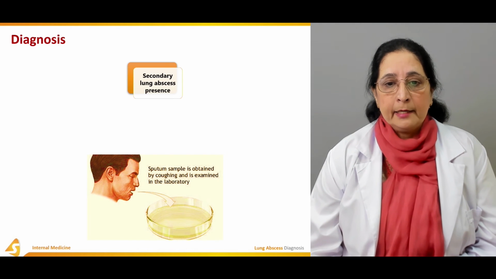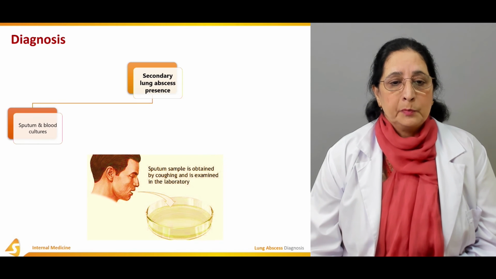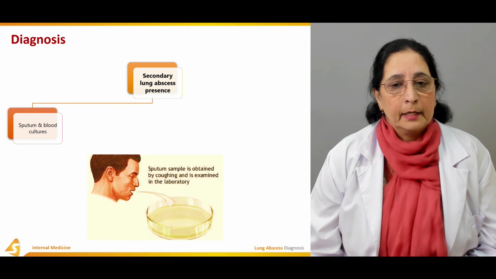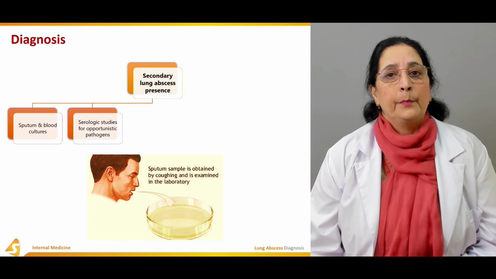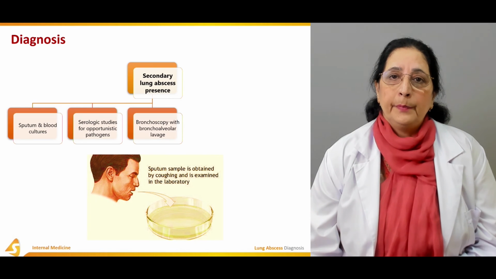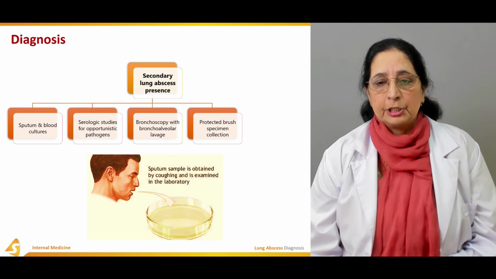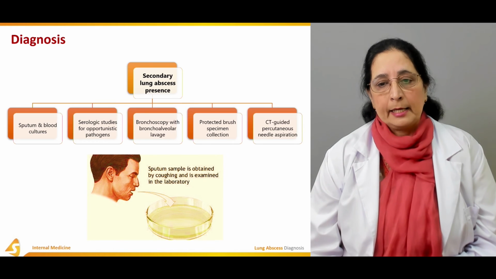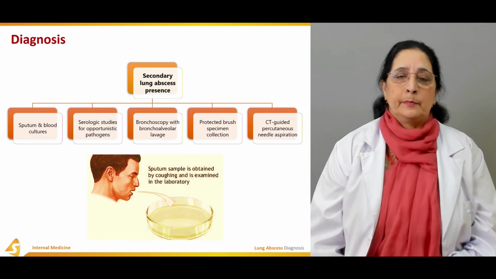So for the secondary lung abscess: sputum and blood culture, serologic studies for opportunistic pathogens, bronchoscopy with bronchoalveolar lavage, protected brush specimen collection, CT-guided percutaneous needle aspiration.